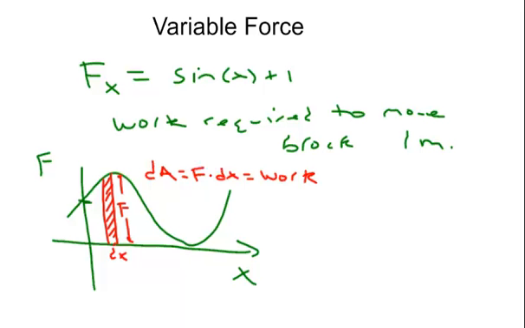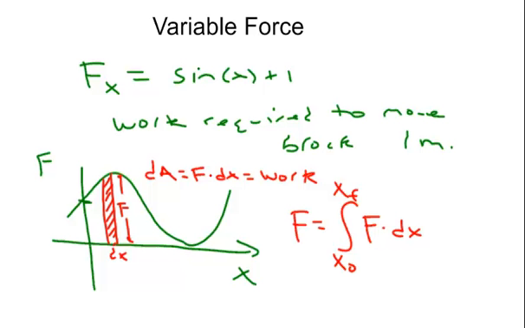Which then lets us see that a better way to describe work, when we're talking about a variable force, is the integral of f dx from x initial position to x final position. So you're going to sum up all of those little f dx's, and that's how you handle a variable force.